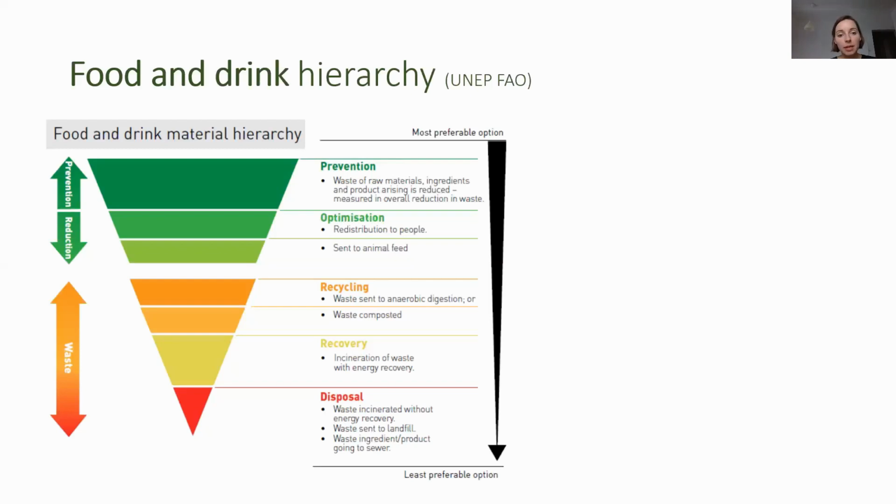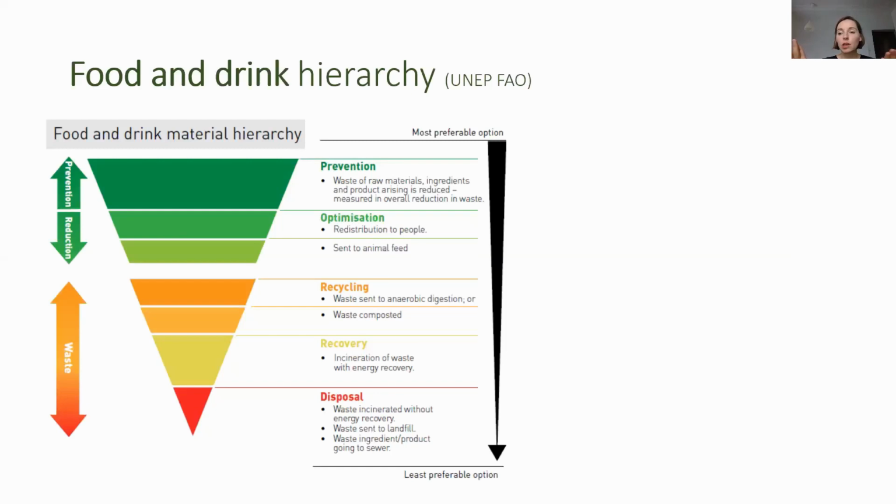So for example, if we have food or drink, obviously we have the possibility to give it to people as a means of donation. For example, if we think about a supermarket that has purchased too much food that they cannot sell if it's close to the expiry date, or often also fruits and vegetables that are not that pretty anymore, before they just throw them away, many supermarkets have some donation schemes in place.